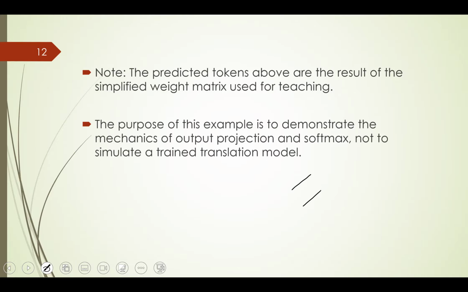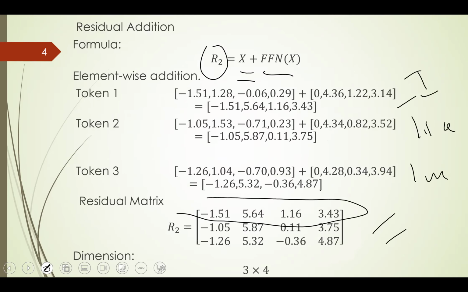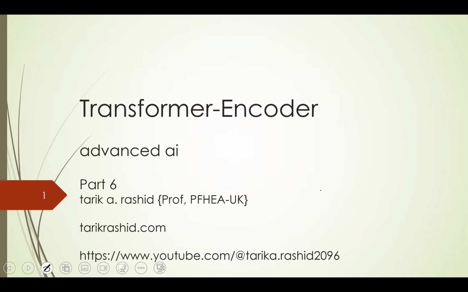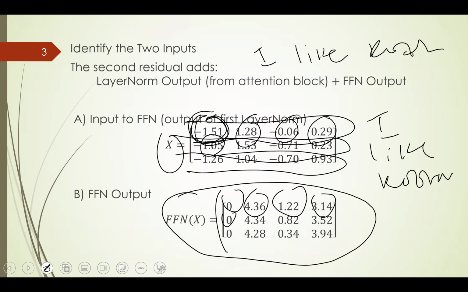To recap what we had, this is the transformer encoder, and the last part we've done. We did the residual, where the original input is added to the feed forward output.